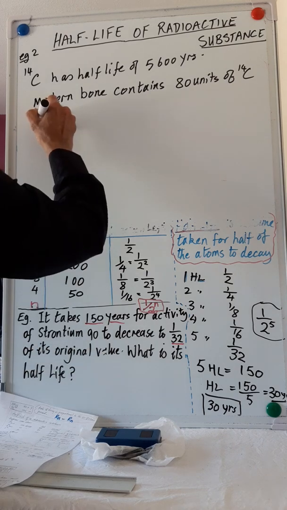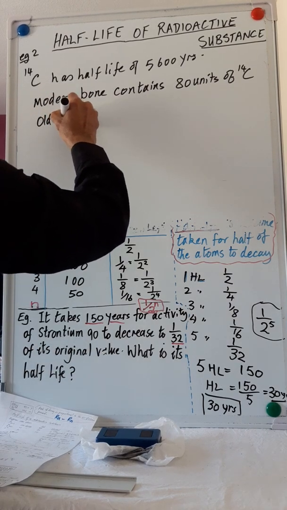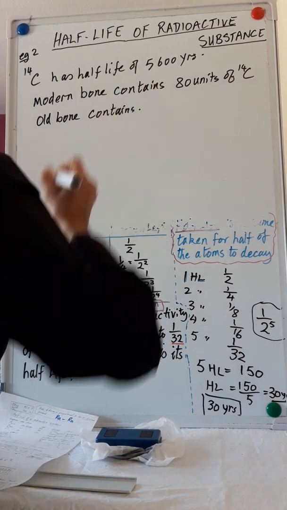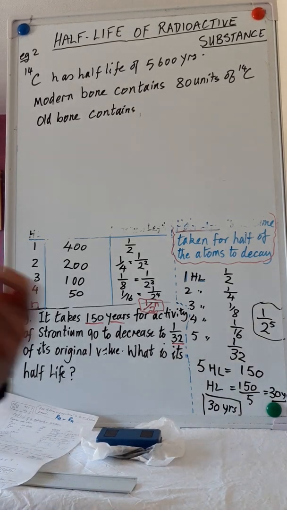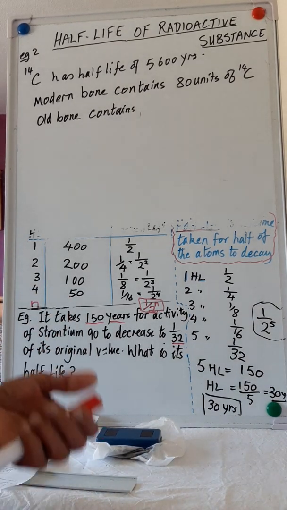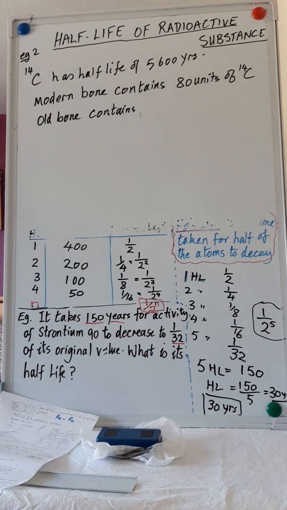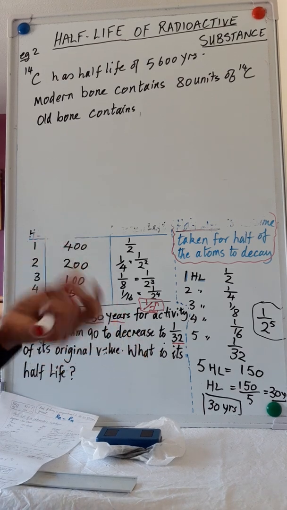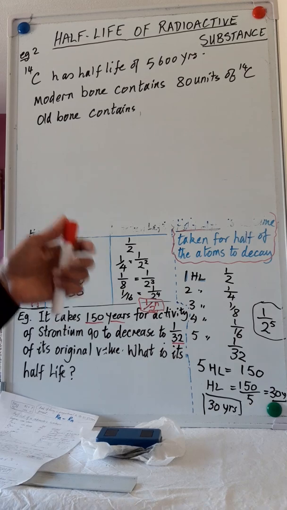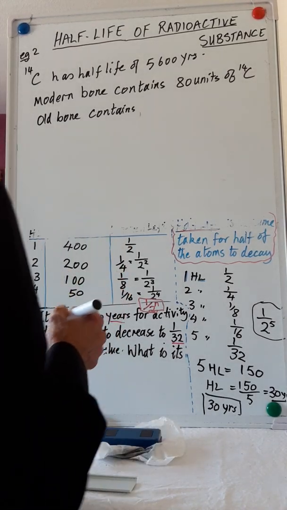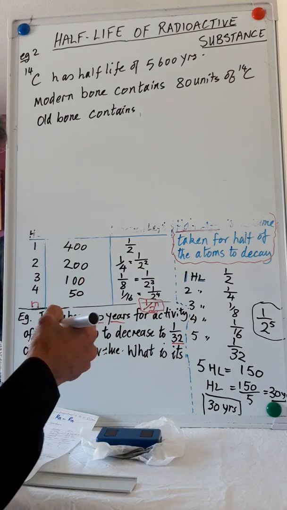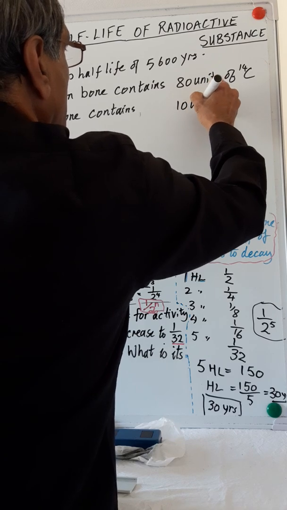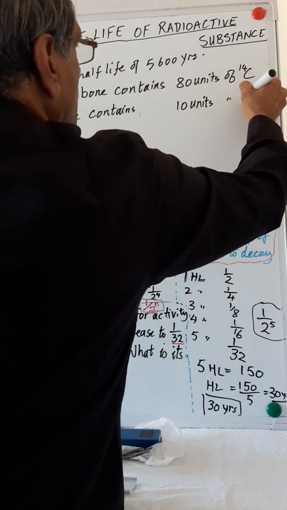Old bone contains... if a geologist dug out a sample of bone or wood from a site, and they want to carbon date it to see how old it is, they will measure the activity, and this is 10 units of carbon-14.